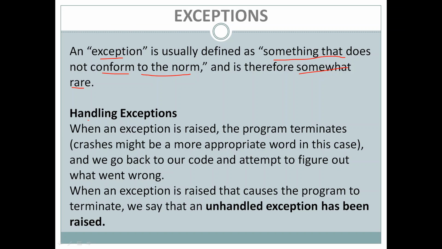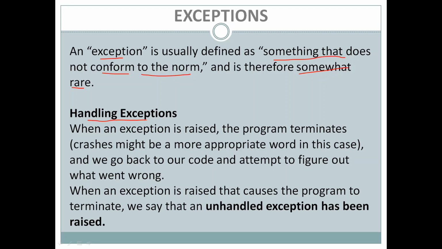Handling exceptions. Now whenever an exception is raised, the program terminates, or we can say the program crashes in between, and we need to go back to our code and figure out what went wrong.